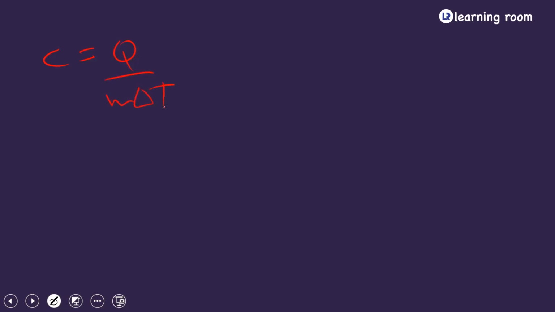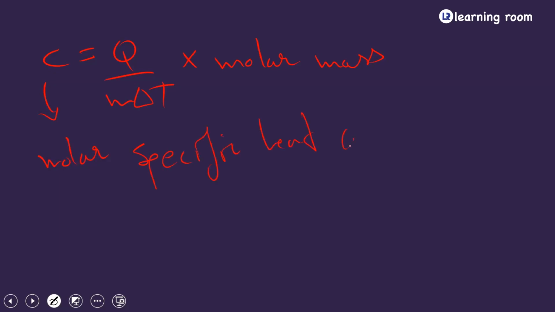But instead, if I multiply this with the molar mass, this will be called molar specific heat capacity. That's all. If I multiply it by molar mass, it's given by mc.